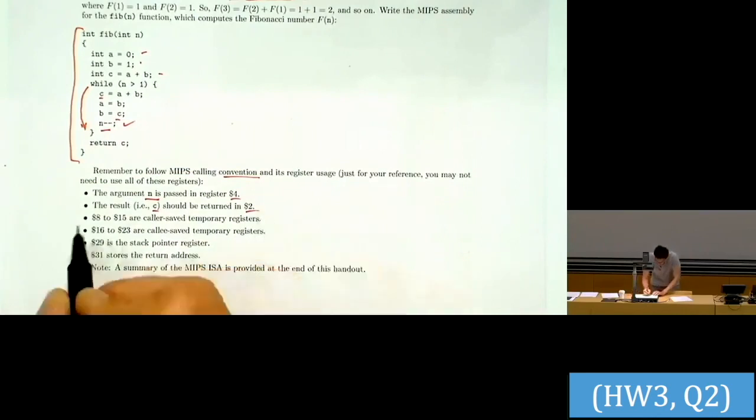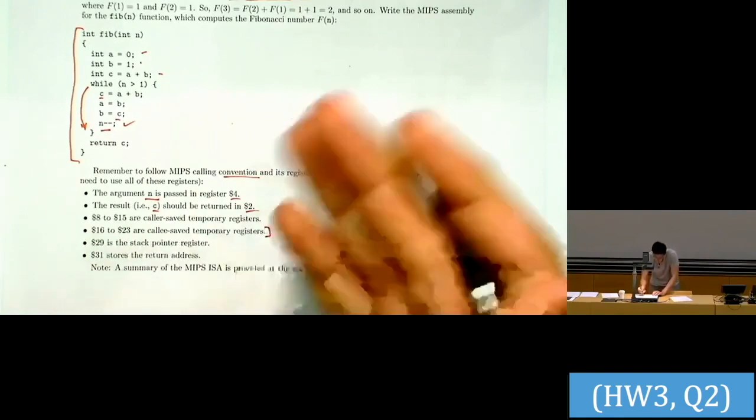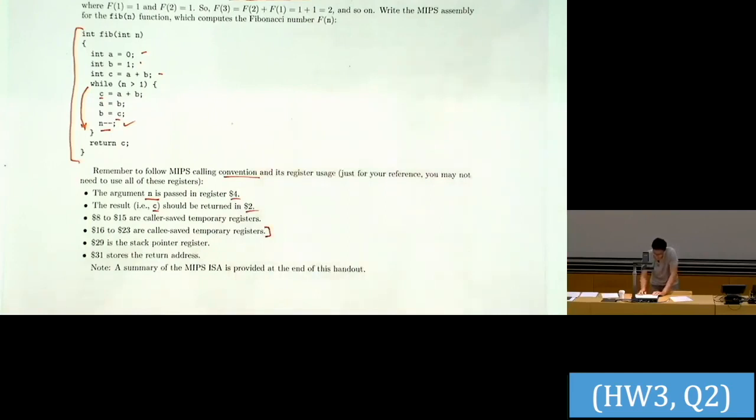Then there are also some register numbers, for example, for callee-save temporary registers. We're going to need these because, as you will see in the code, this Fibonacci computation is going to be in one function. Then we have the stack pointer.